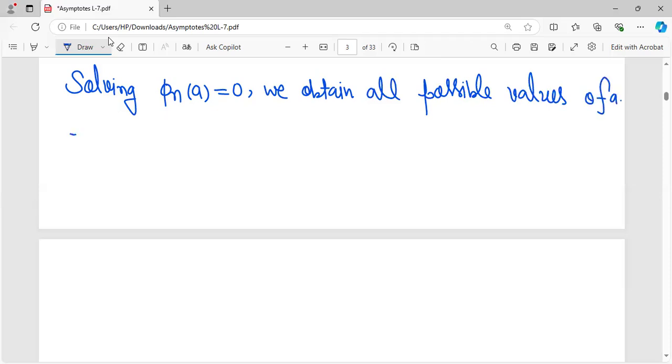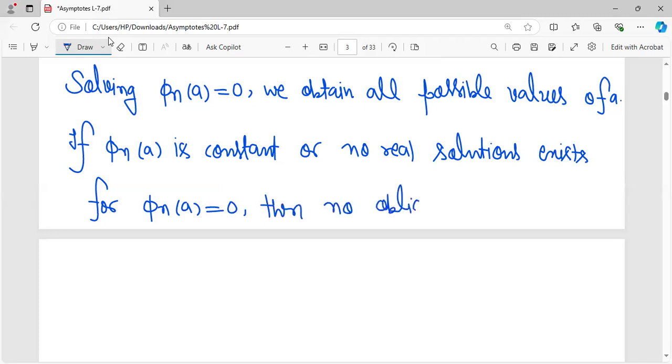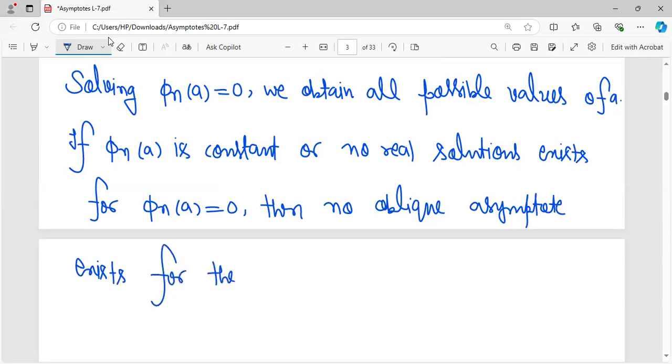If φn(a) is constant, or no real solutions exist for φn(a) = 0, then no oblique asymptote exists for the given curve.